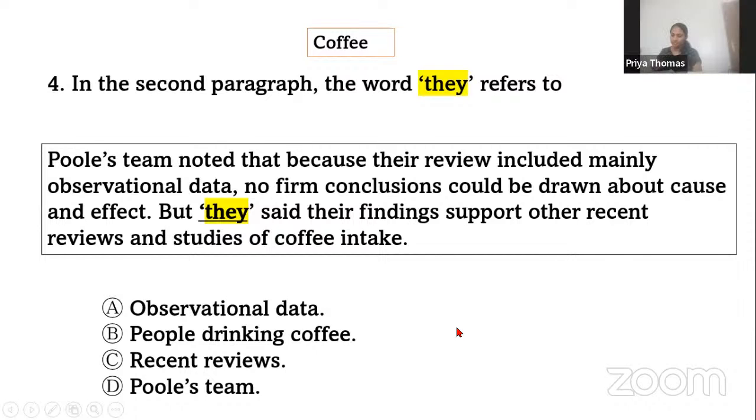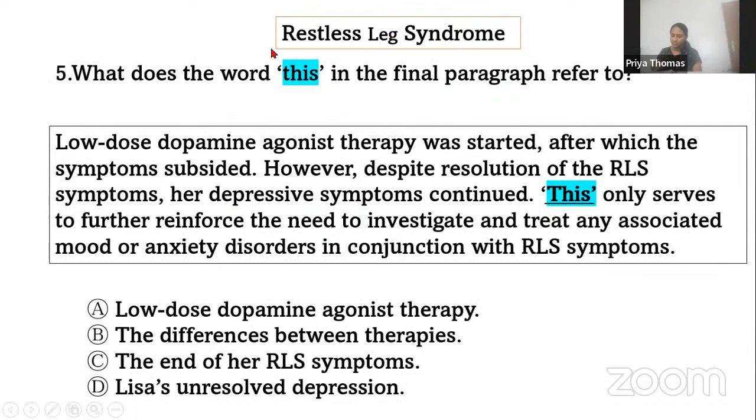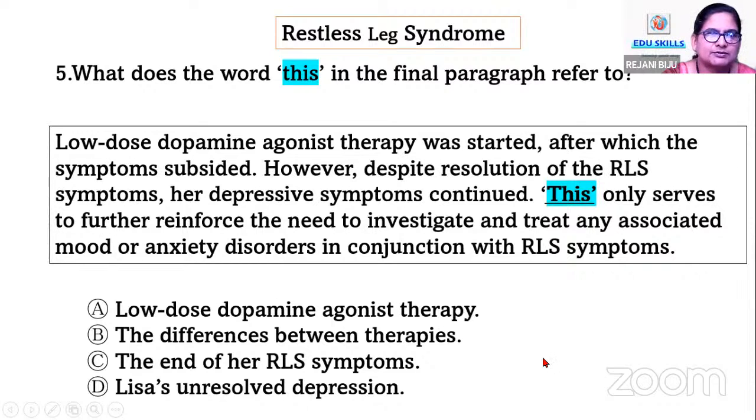Yes, ma'am. Next, this is from Restless Leg Syndrome. What does the word "this" in the final paragraph refer to? "This only serves to further reinforce the need to investigate and treat any associated mood or anxiety disorders in conjunction with RLS symptoms." Low dose dopamine agonist therapy was started, after which the symptoms subsided. Actually the previous sentence starts with "however," and it's a contrast, then "despite that."